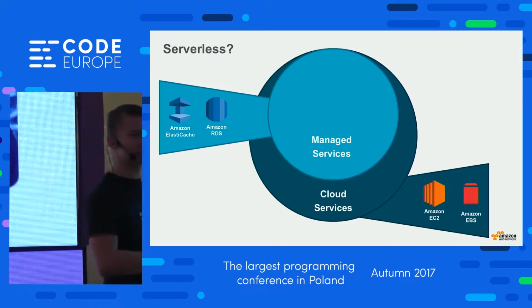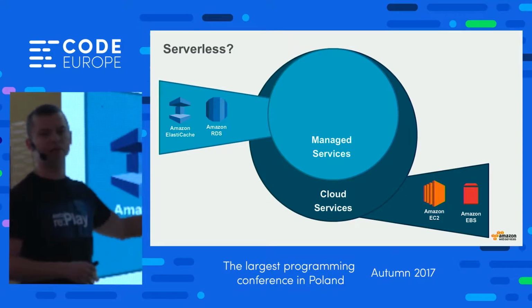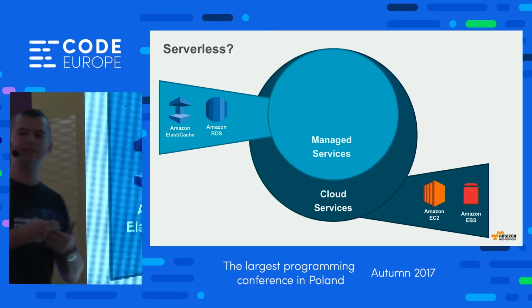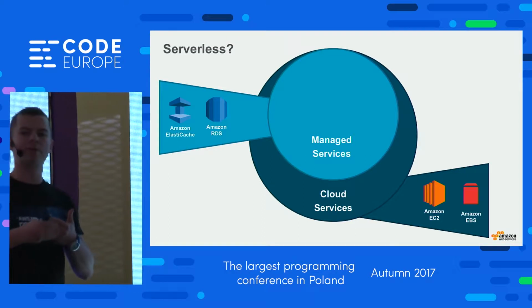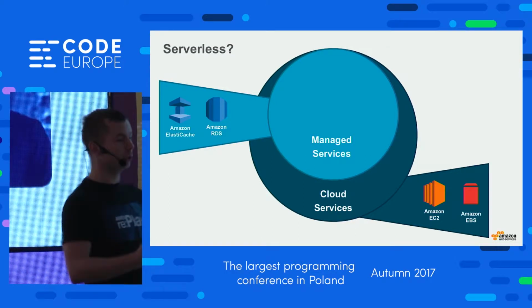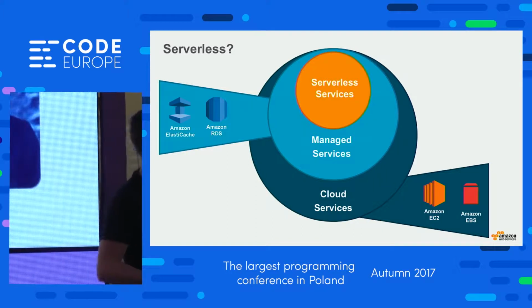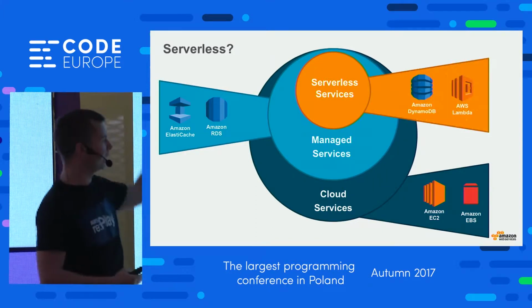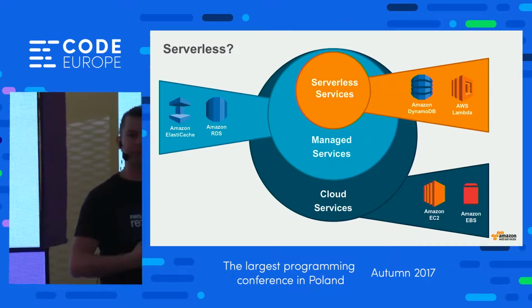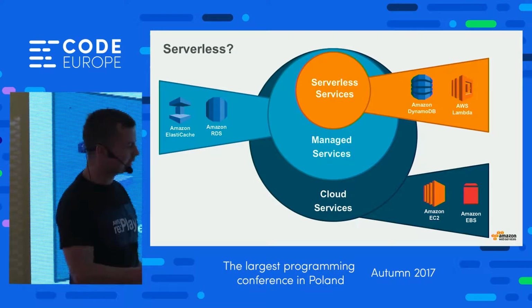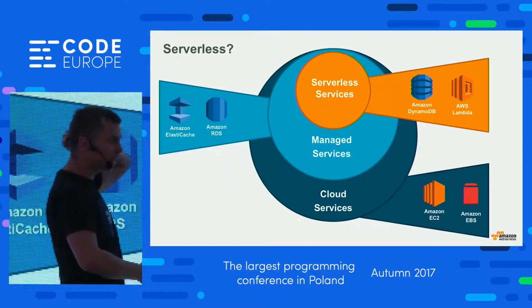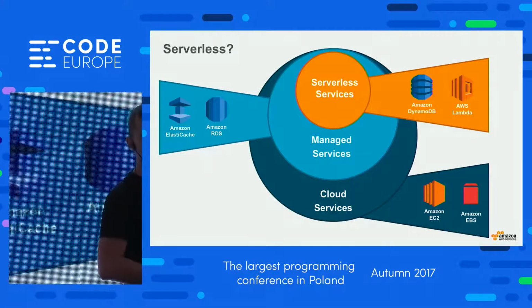So then there is a Lego block which provides this kind of functionality. We still see the server, but we don't have access to it. The user has got access only to the application, to the database, to the cache, but not to the server infrastructure. And inside of this group, there is a group which is called serverless services.